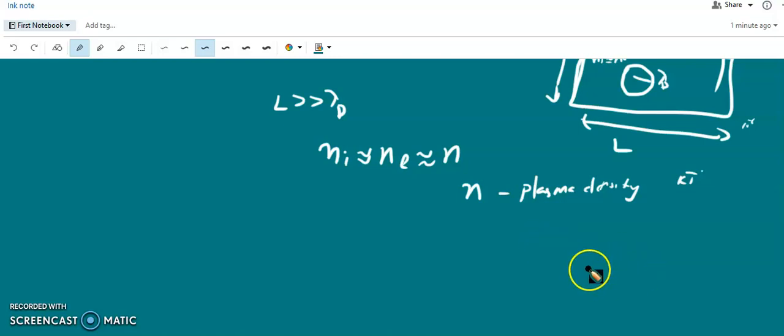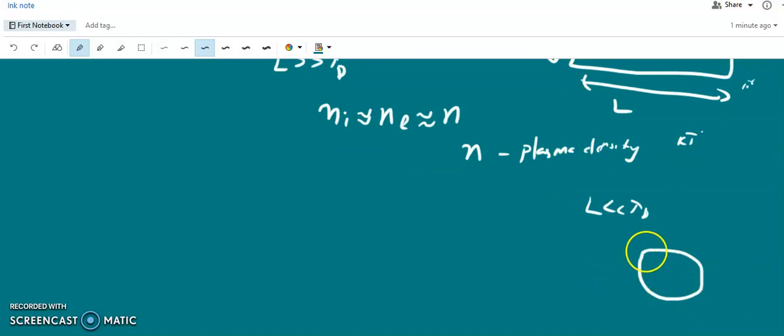Suppose the dimension of plasma L is less than lambda d. We know that if the dimension is smaller than the Debye sphere, then if we apply a potential here, the potential will be felt inside the Debye sphere and not outside it. But in this plasma the effect will be there everywhere. There is no Debye shielding, and without Debye shielding it cannot be called a plasma. So if the dimension of plasma is less than lambda d, there is no Debye shielding, because everywhere in the plasma, if a potential is applied, we can measure it. There will be potential inside the Debye sphere but the dimension of the plasma is less than that of the Debye sphere. So everywhere in the plasma the potential is felt.